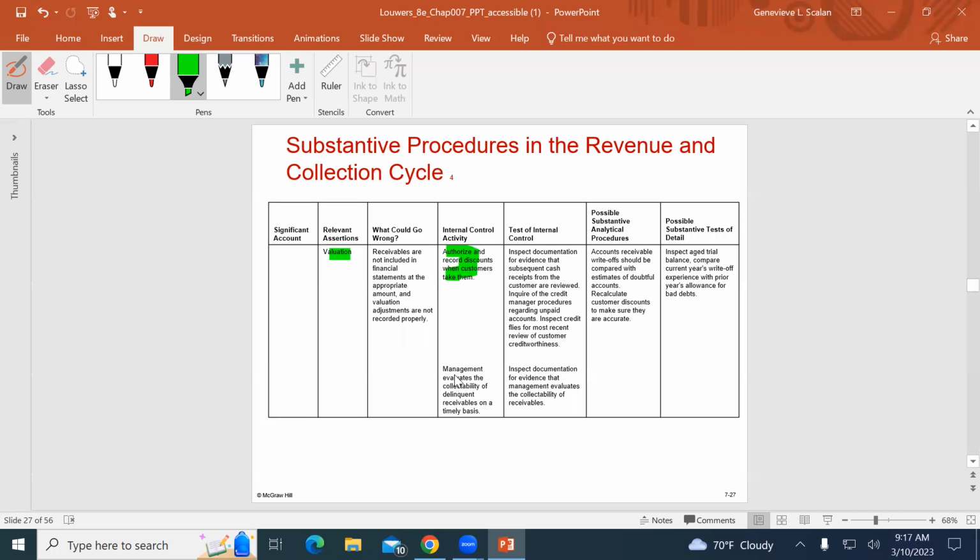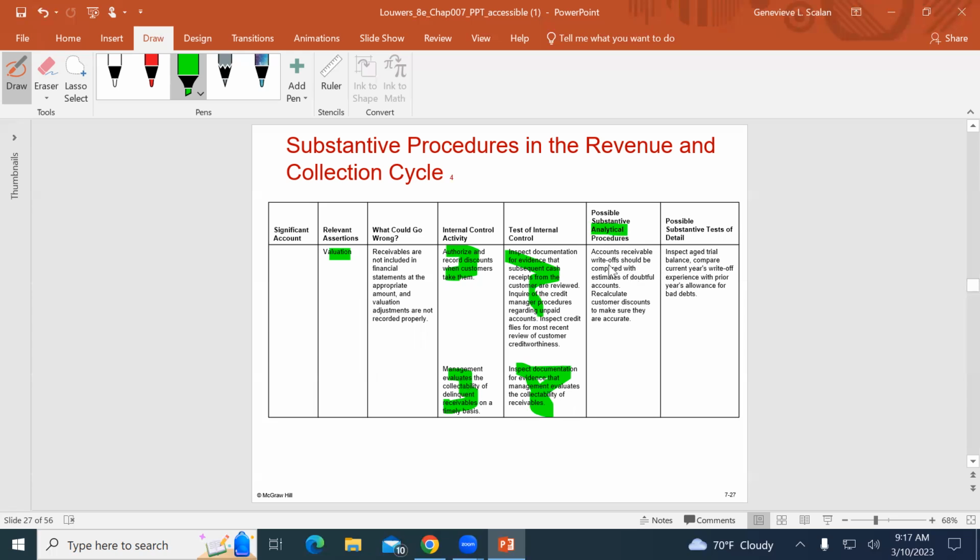So there should be some kind of management authorizing discounts. There should be some kind of management reviewing account past dues and writing them off. So how do you test that? Again, check for indication there were those approvals, right? Authorization. What's an analytical procedure?